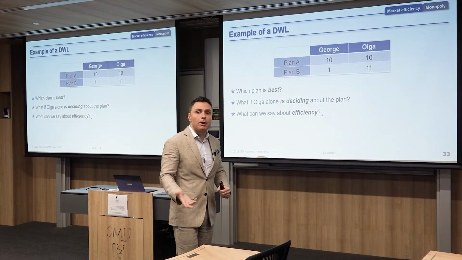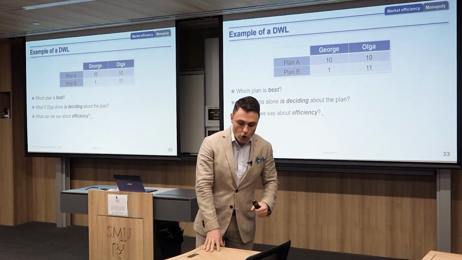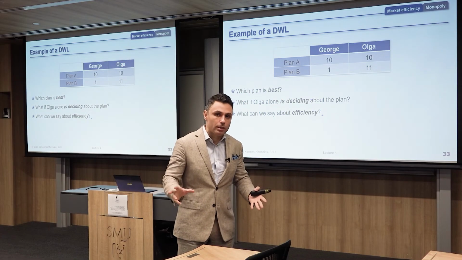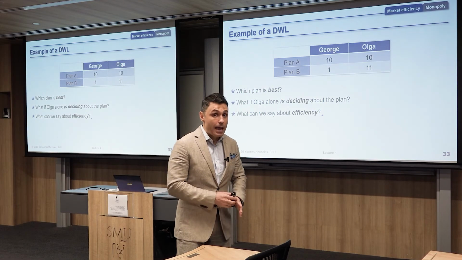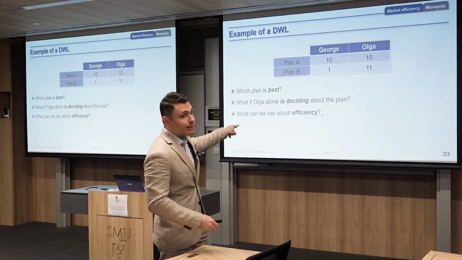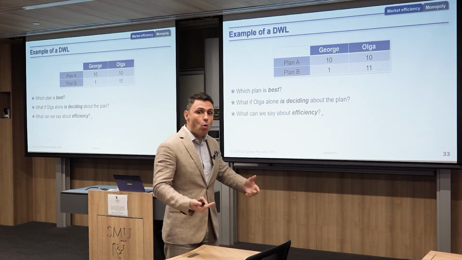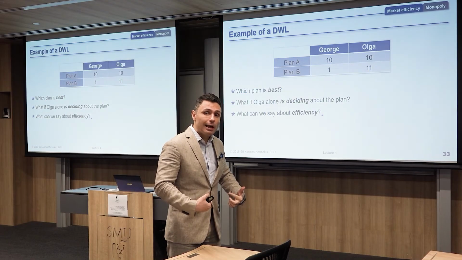All right, now, this is a very nice opportunity to talk a little bit about policy also. So if I was a regulator in this particular case, and Olga still had the right to choose the plan, how as a regulator can I convince Olga to select plan A?